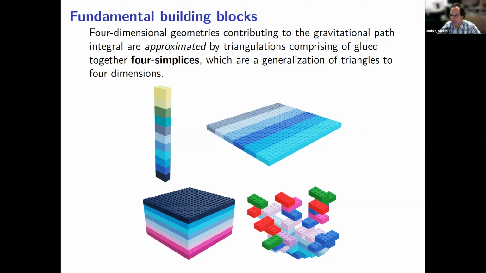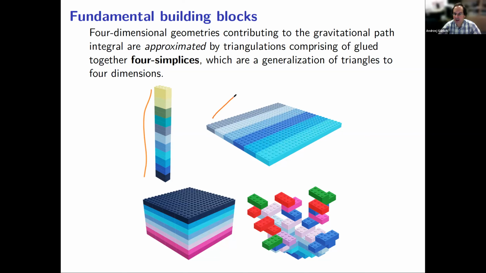Even though the building blocks are a subset of a four-dimensional Minkowski space, it doesn't mean that if we glue them randomly in some way, the triangulation is also four-dimensional. Lego blocks are a good example: you can take a three-dimensional block, and if you just stack one on top of another, like here, you get something that is effectively one-dimensional.